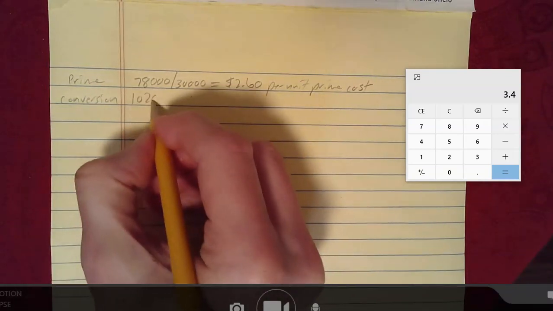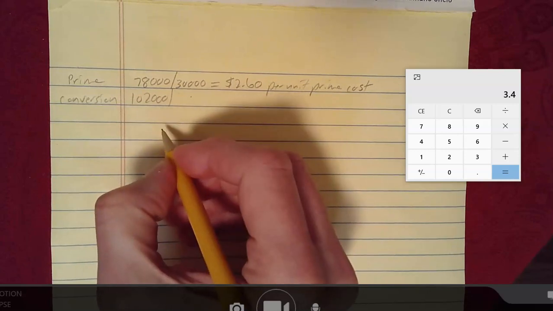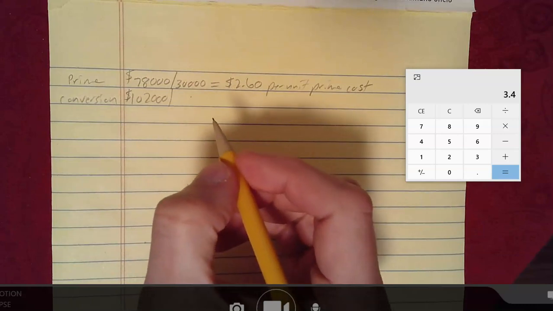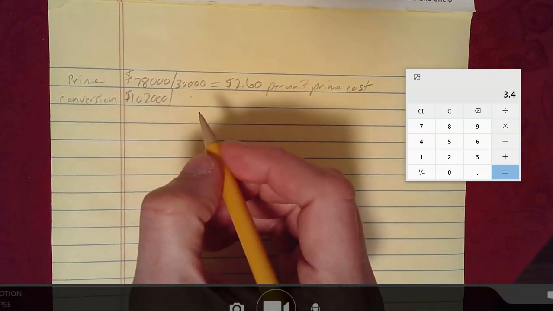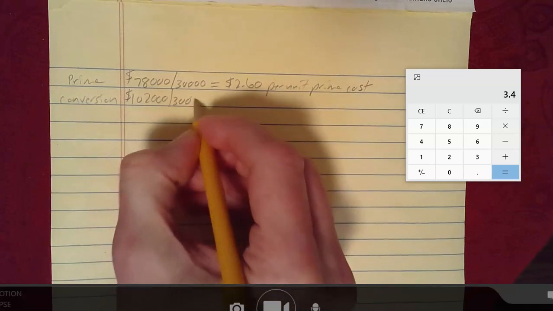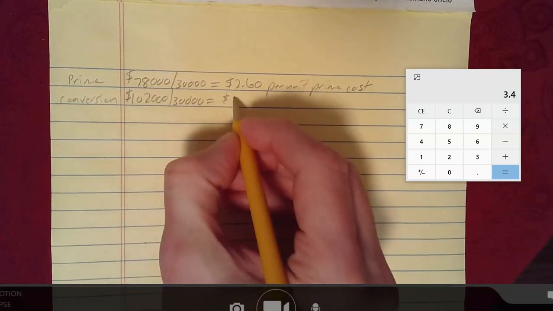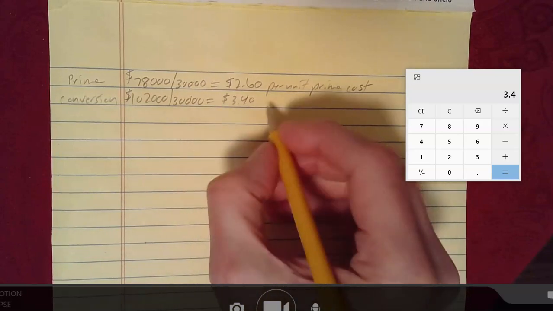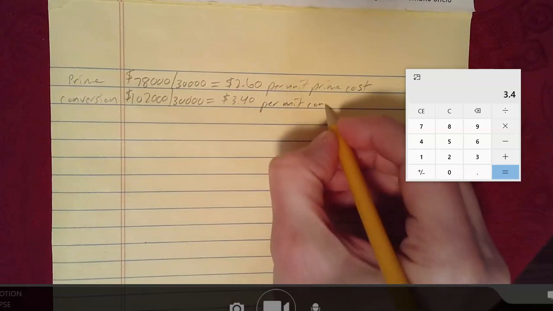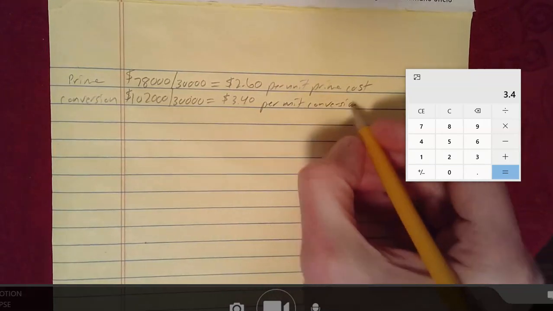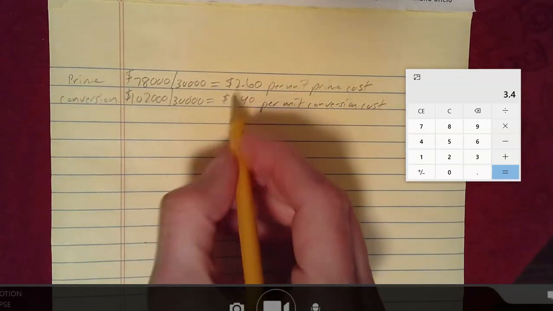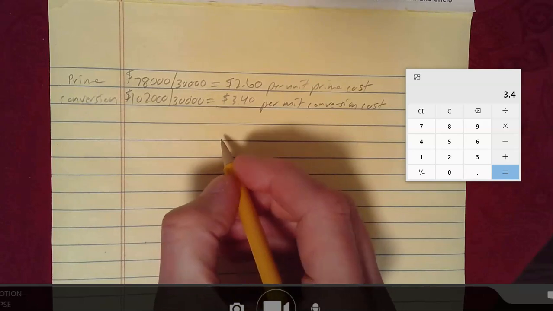Conversion costs were $102,000, $72,000 manufacturing overhead plus $30,000 of direct labor divided by the same output equals $3.40 per unit conversion cost.